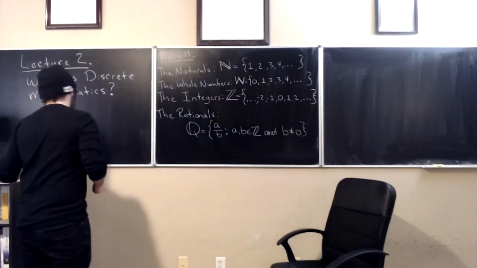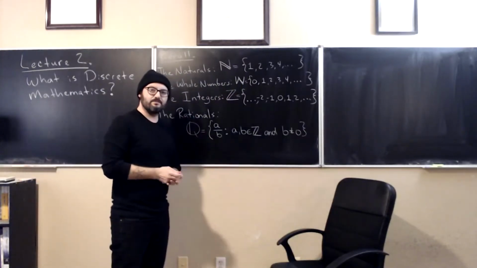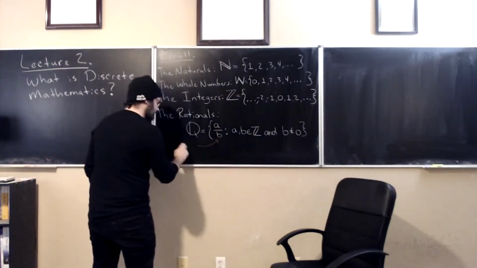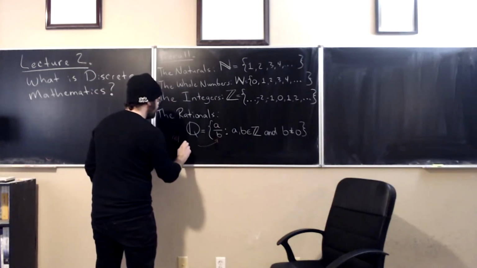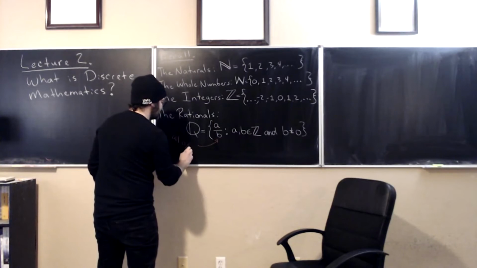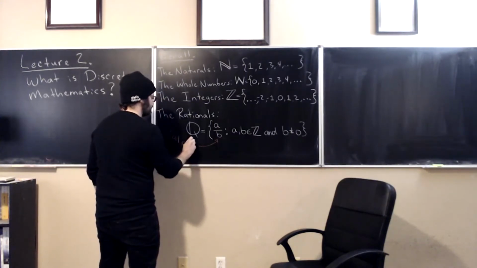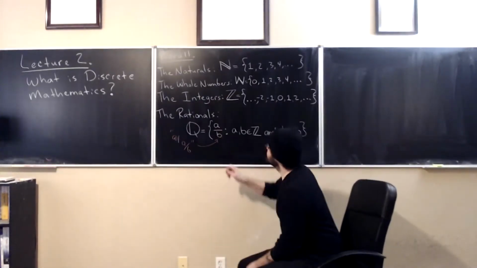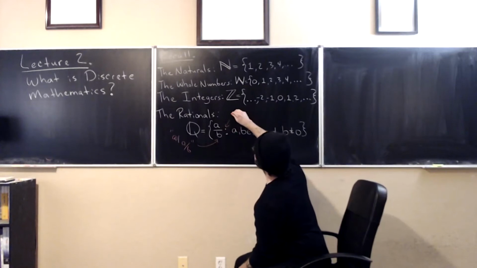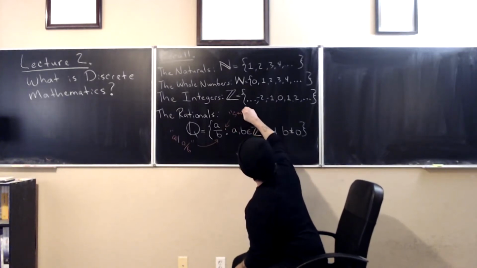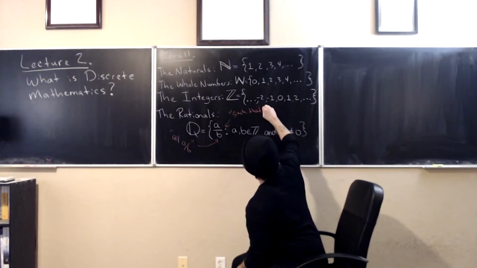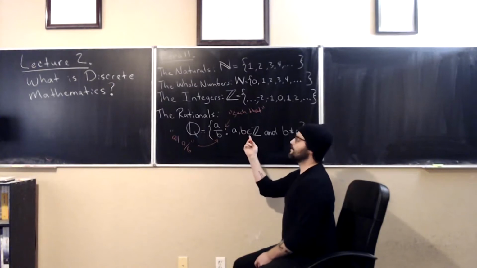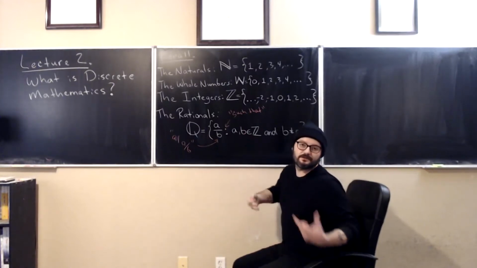Okay, so I'm going to walk you through this set builder notation here. This is read again, all A over B. So these are ratios. This colon symbol here is read "such that." A and B are elements of the integers, meaning they're integers.